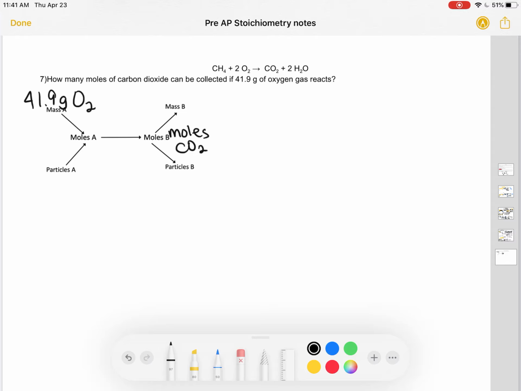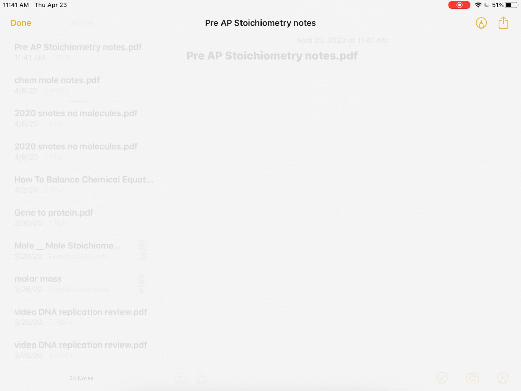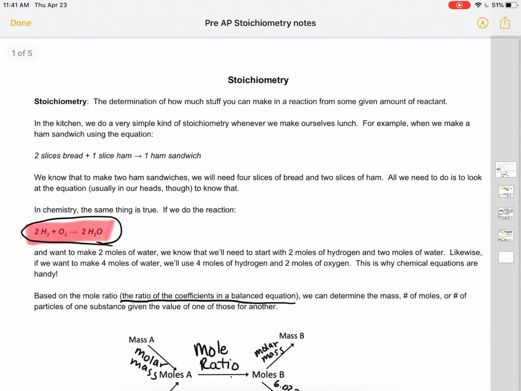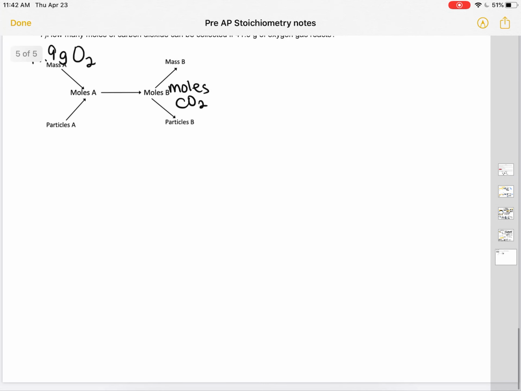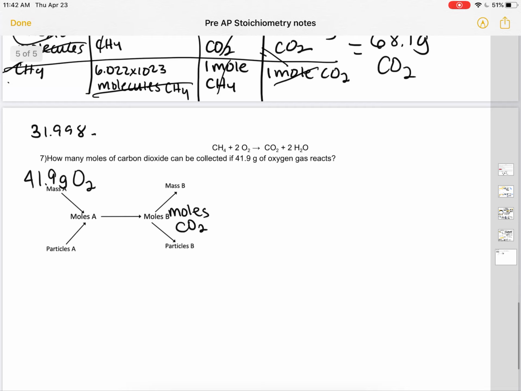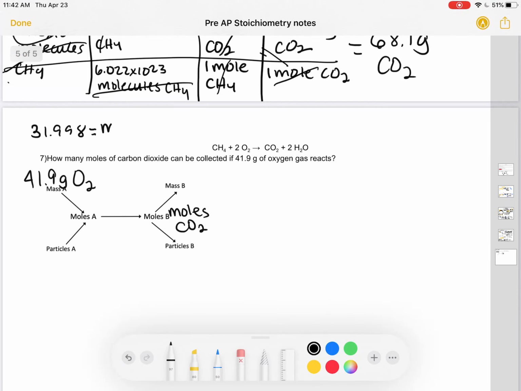Well, we need the molar mass of O2, and I think a lot of you know that one. It's 31.998 equals the molar mass of O2.